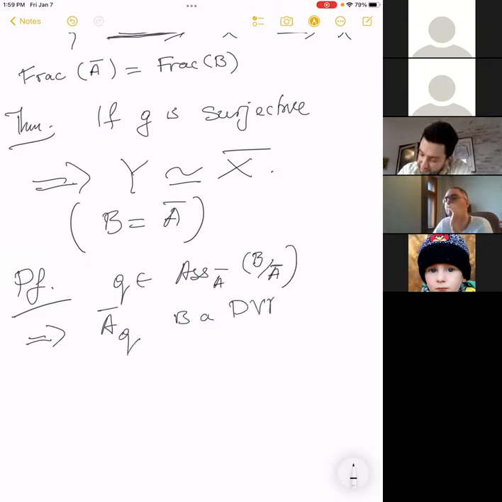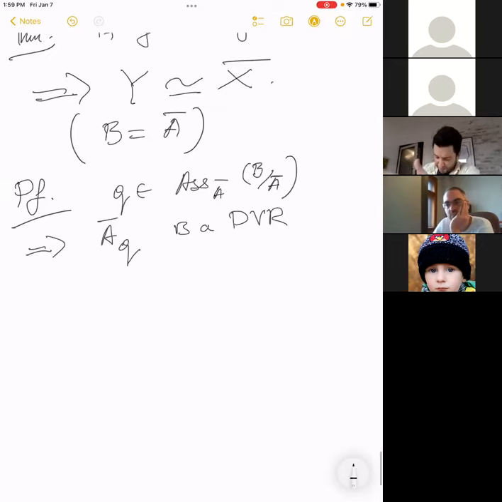This is part of the valuation theorem. It's one of the steps to prove the valuation theorem. But because Q is an associated prime, we know that A bar Q is not equal to B localized at the complement of Q in A bar, in this multiplicative set. So if Q is an associated prime, then Q belongs to the support of this quotient.